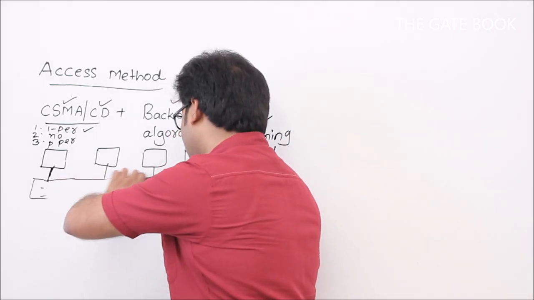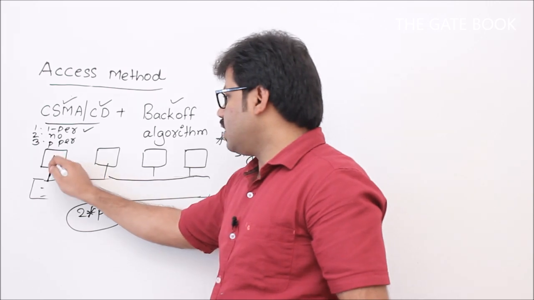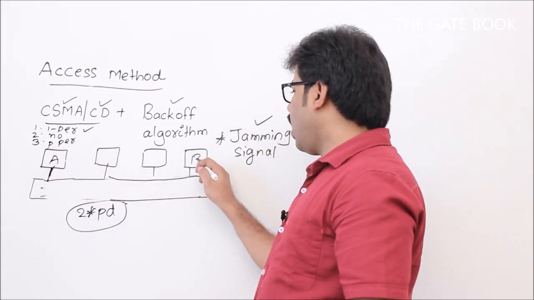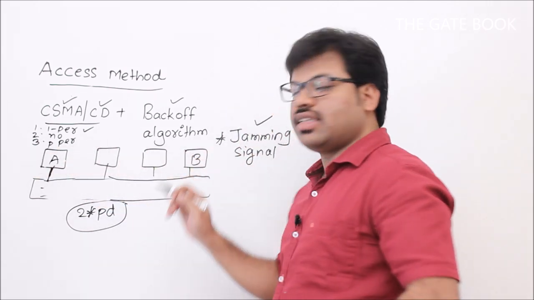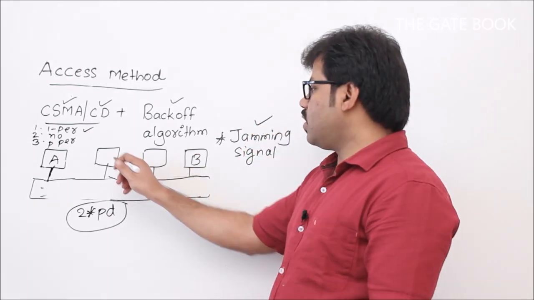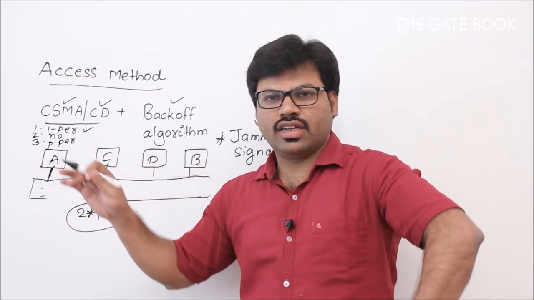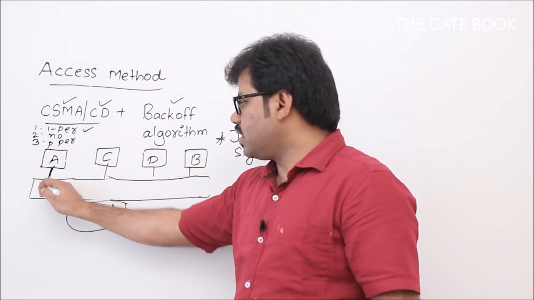Okay, let's see the story. For example, station A is sending to station B. Why do I always take station A and station B here? Because that is the worst case. The remaining cases you can understand. For example, if C is sending data to D, you can understand it in the same way. Now A is sending its data.